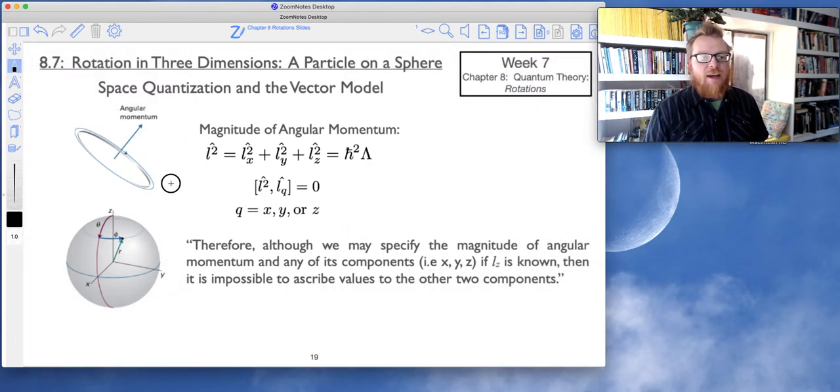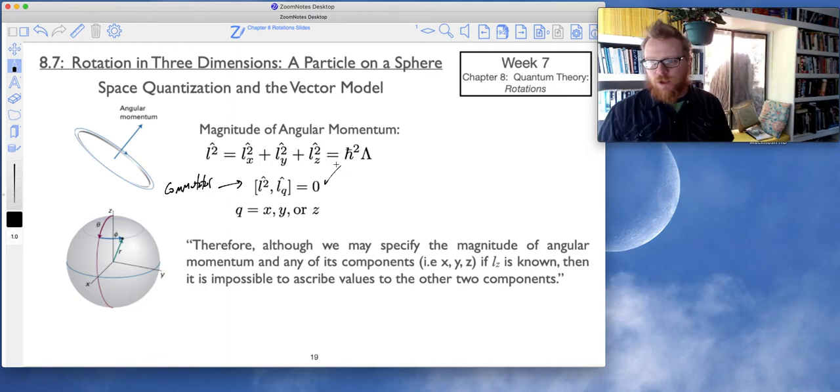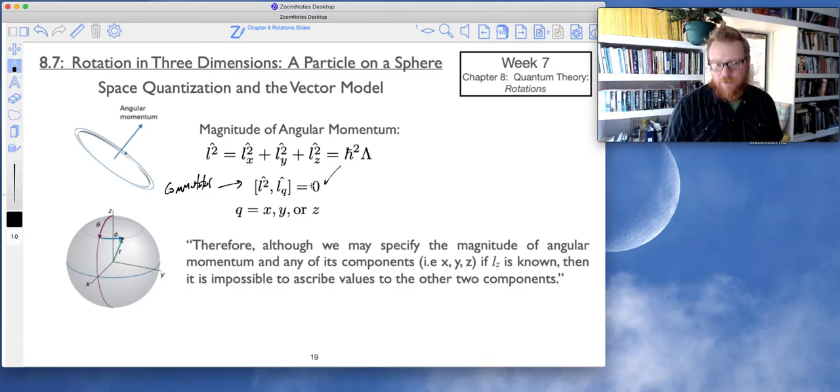If we now look at the commutator between the magnitude and any one dimension, x, y, or z, then we have no uncertainty, okay? Which is awesome. We have no uncertainty because that equals 0.